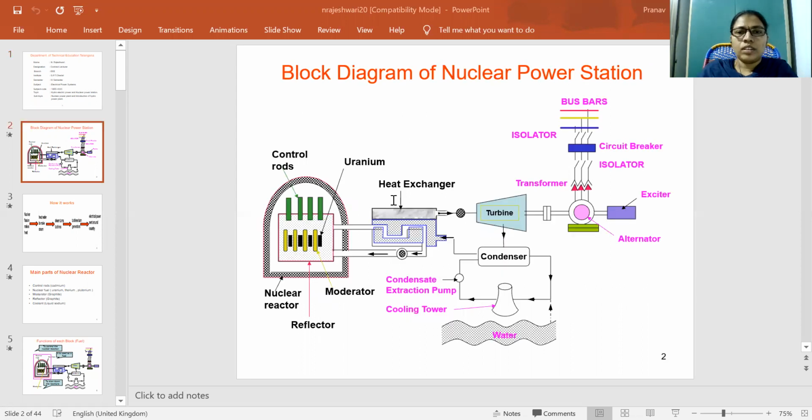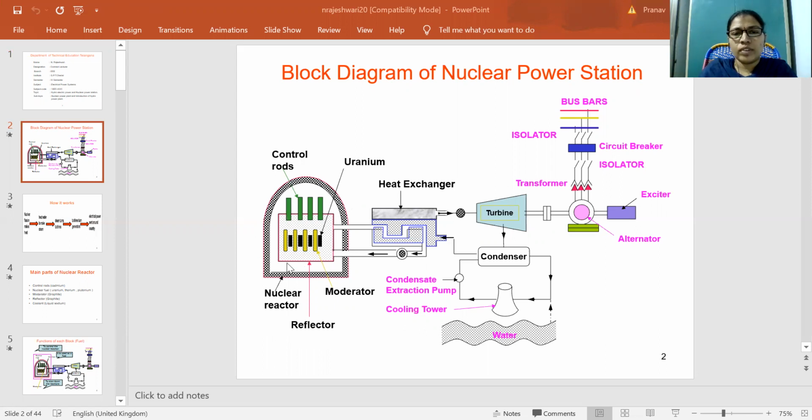So first of all, this is the block diagram of a nuclear power station. This is the nuclear reactor. In this, control rods are placed, and these are the uranium rods, and this is the moderator, and these are the reflectors.